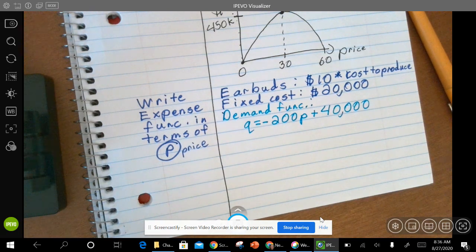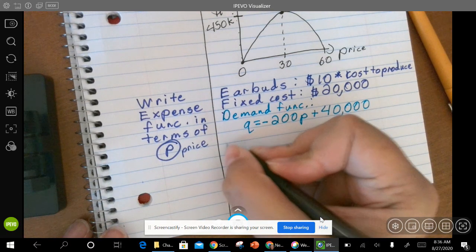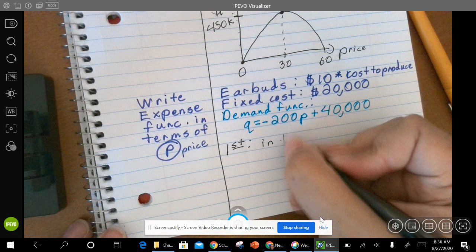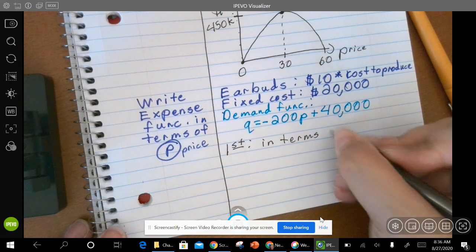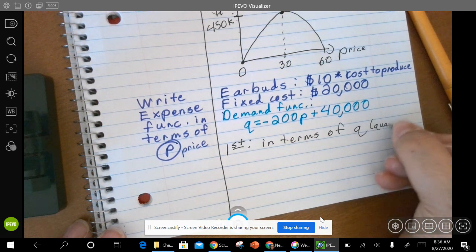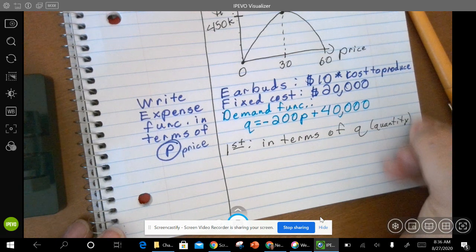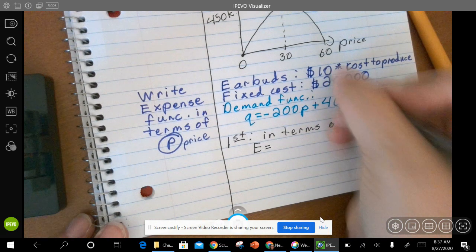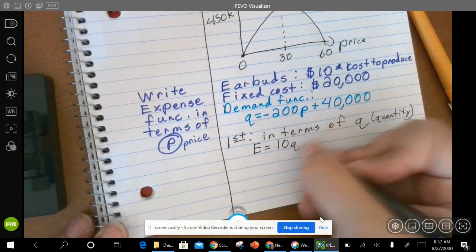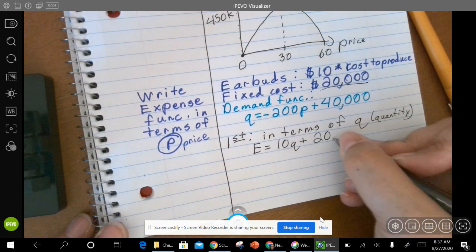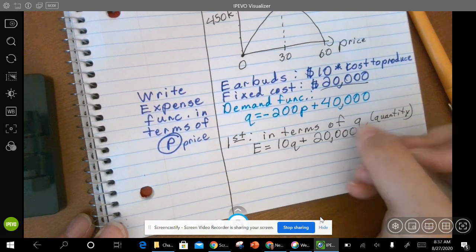So first we need to write it in terms of Q. Okay, so everybody, we're going to write it in terms of the quantity. So Q, remember, is quantity. So I'm going to go E is equal to 10 times the quantity plus our fixed cost of 20,000.